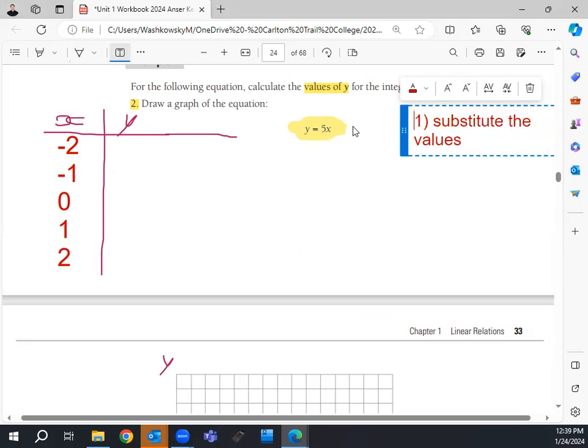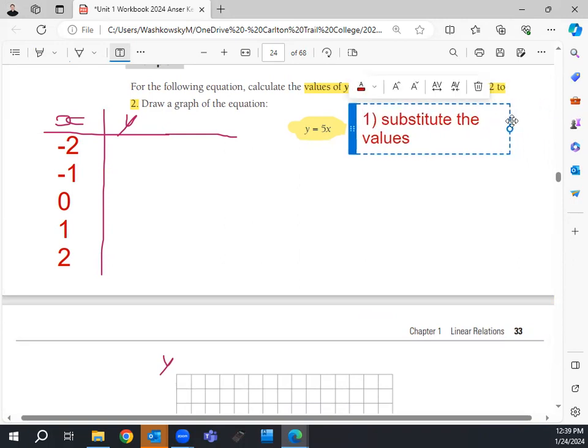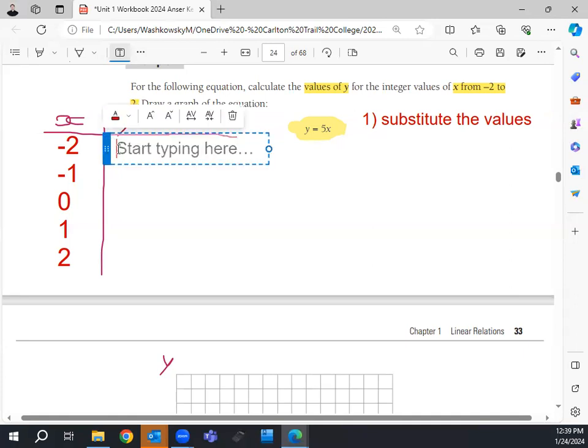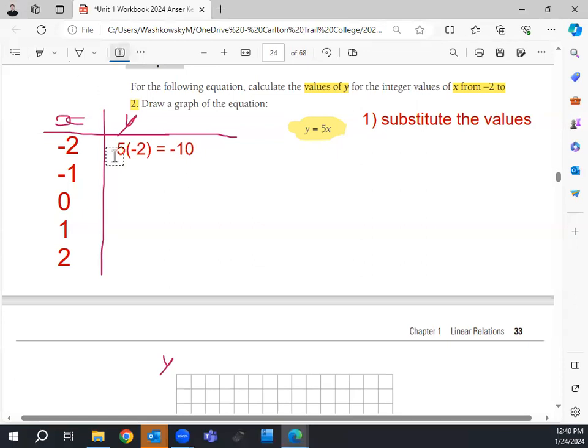It's asking, what is this going to equal if instead of an x there, you put a -2? Well, that's just going to be 5 times -2. Calculator can do the heavy work there for you. That's -10. So I know that when I have a -2 as my x, it's going to be -10 on a y.